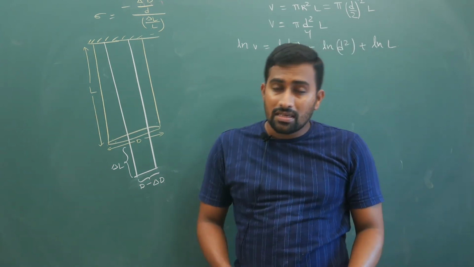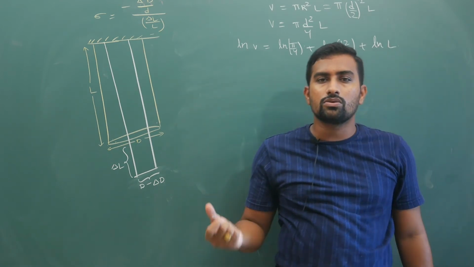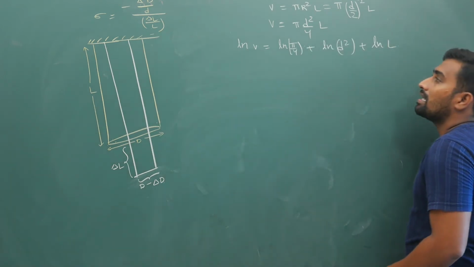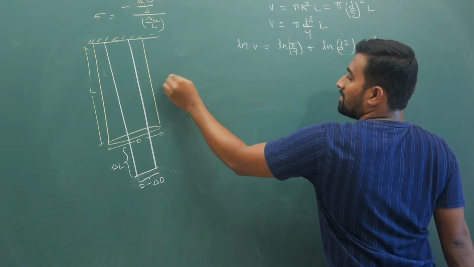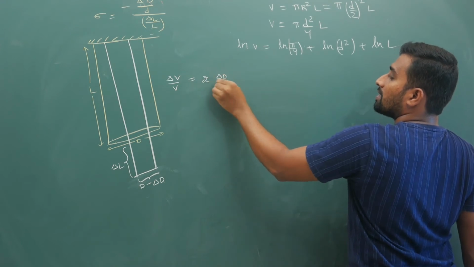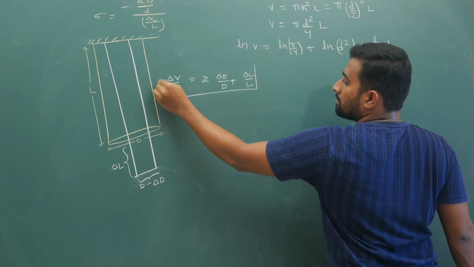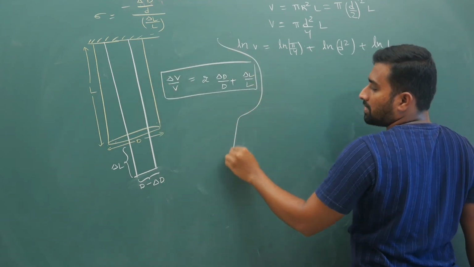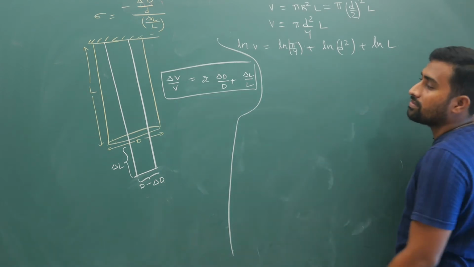Or else directly from the errors and measurement chapter, your delta V by V is 2 times delta d by d plus delta L by L. Directly you can write that, from the errors chapter, percentage error and all. From that itself you can give the answer.